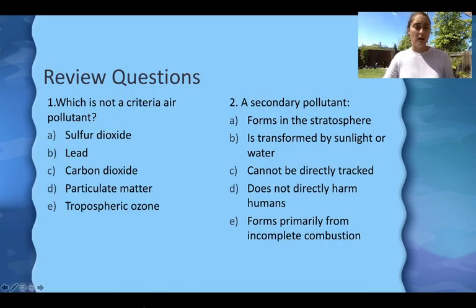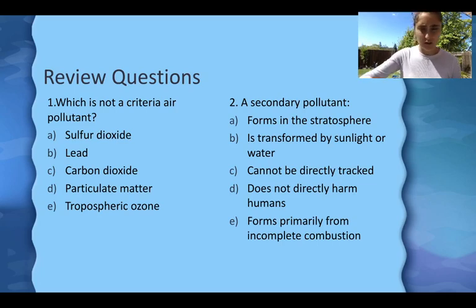Okay, now here, which is not considered a criteria air pollutant. And hopefully on here, C, carbon dioxide, is not considered a criteria air pollutant, although it is now considered a criteria air pollutant. Next, a secondary pollutant forms in the stratosphere, is transformed by sunlight or water. That is true. Cannot be directly tracked, does not directly harm humans, and forms primarily from incomplete combustion.